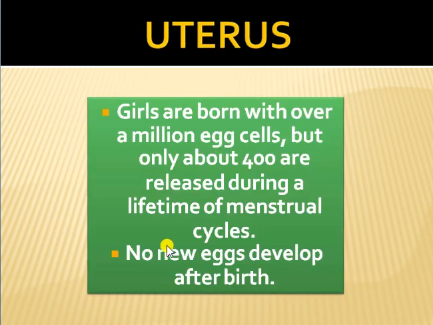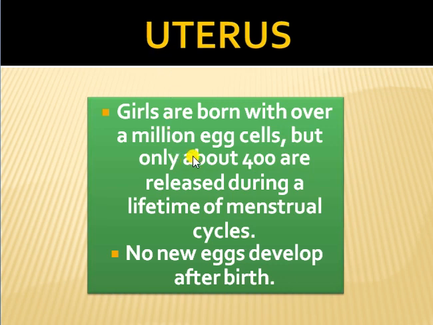Okay, next part is the uterus. Girls are born with over a million egg cells, but only about 400 are released during the lifetime of menstrual cycles. So no new eggs develop after birth.